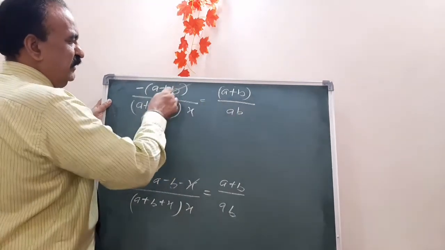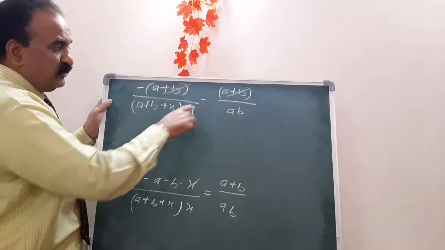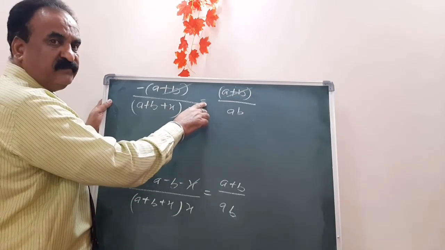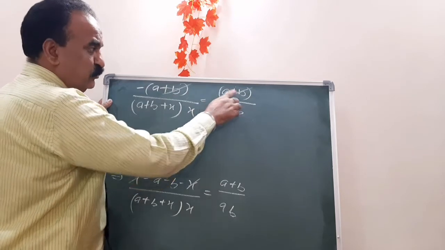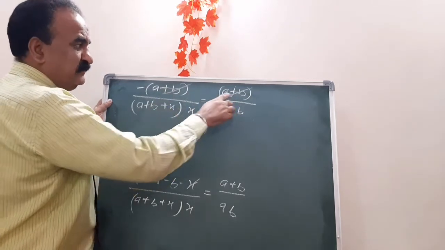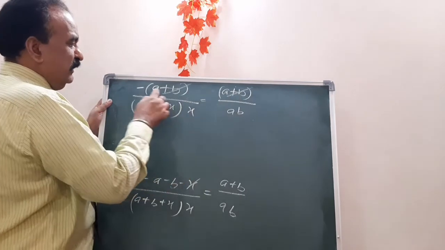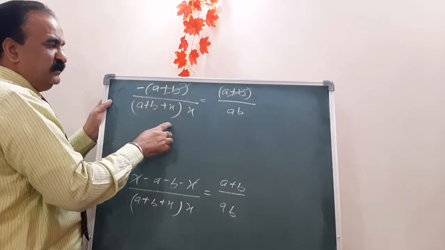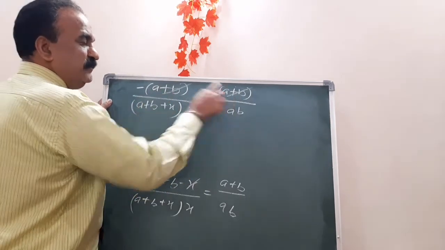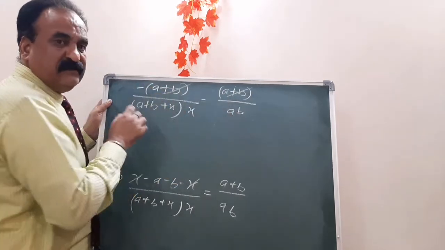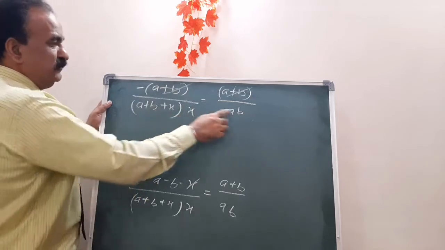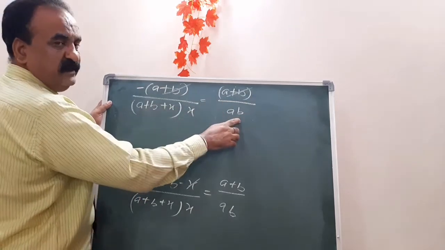It means a plus b and a plus b will get cancelled because you are getting the sign of equal to here. If something is in addition or subtraction, you cannot cancel this number. As here only a plus b upon ab and minus into a plus b upon this, it means you can cancel a plus b and a plus b. If something is there in addition or subtraction, you cannot cancel them. Now what is left? Minus into ab.